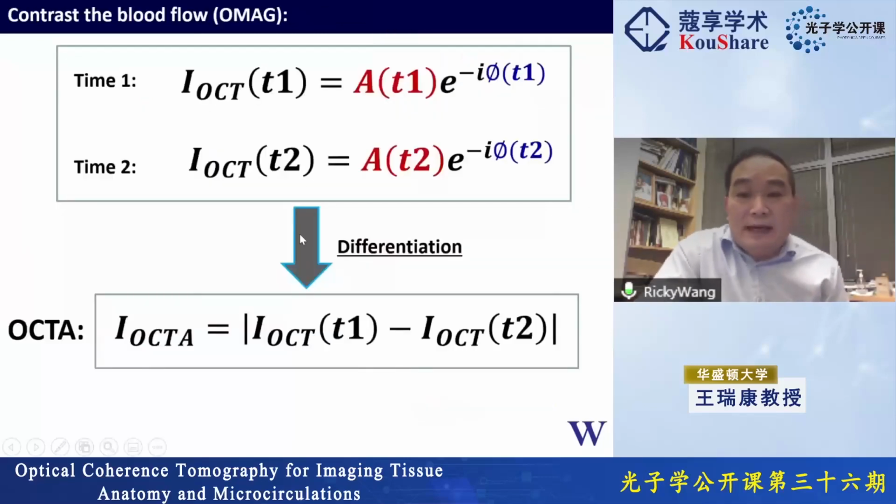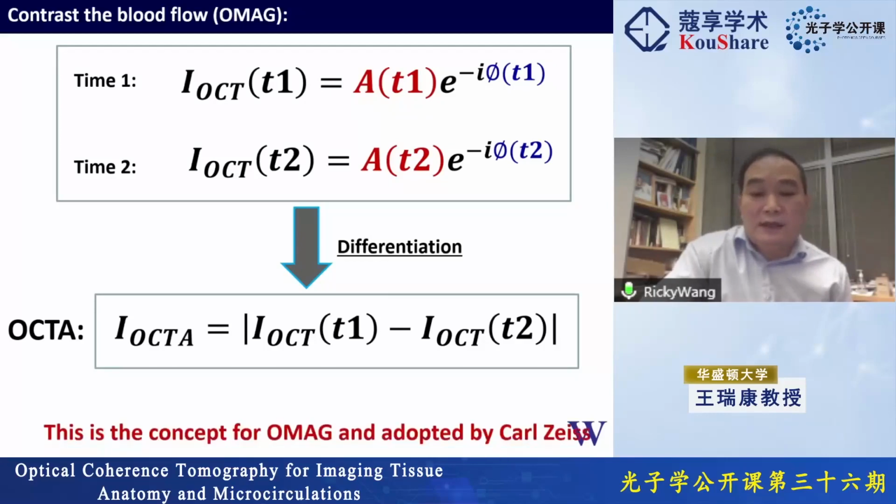So mathematically, how can this be achieved? You just take 2 A-scans at the same position. At time 1, you get this OCT signal. By the way, the OCT signal is complex information: you have the amplitude and you have the phase, right? At time 2, you have another OCT signal, and then you do a subtraction or differentiation of these 2 functions, and you get the OCT blood flow signals.